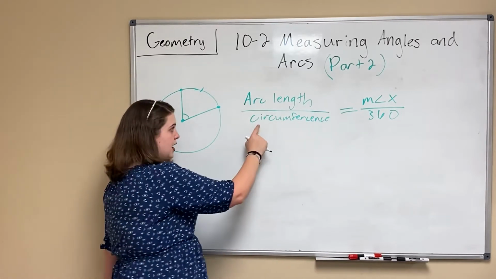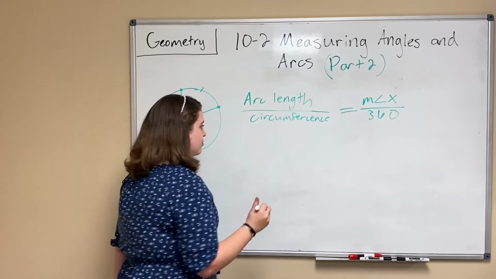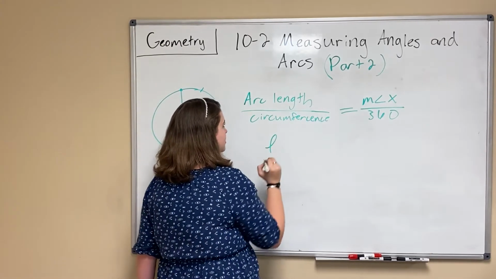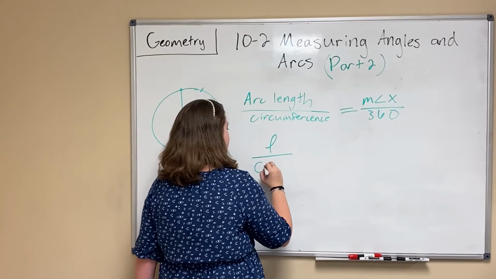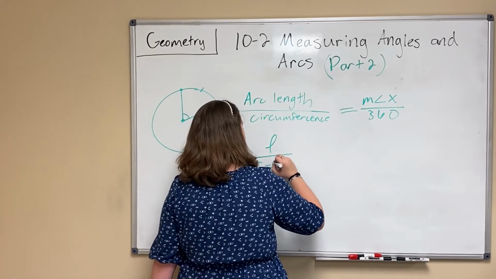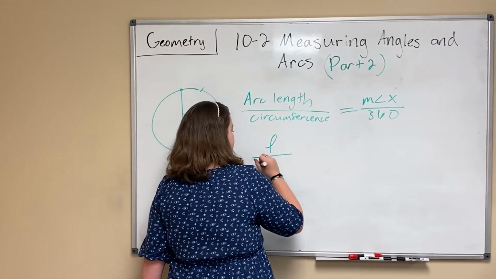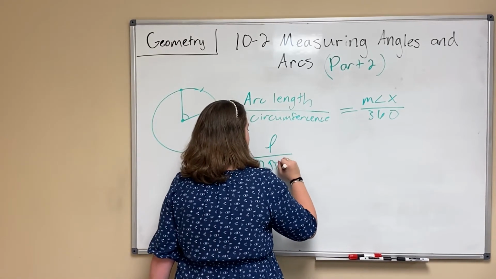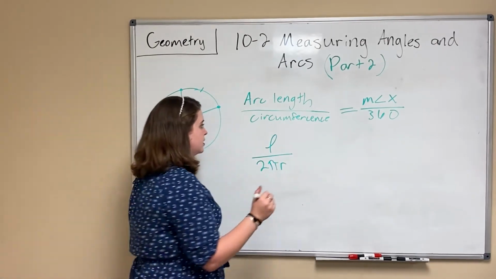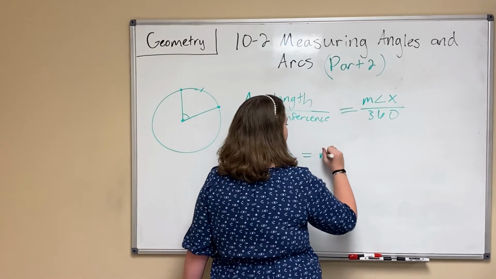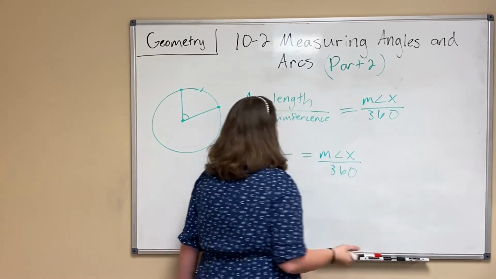We also already have a formula for circumference, so we can rewrite this as the arc length divided by our circumference, which equals 2 times pi times r, or pi times the diameter, and that's proportional to the measure of angle x over 360.